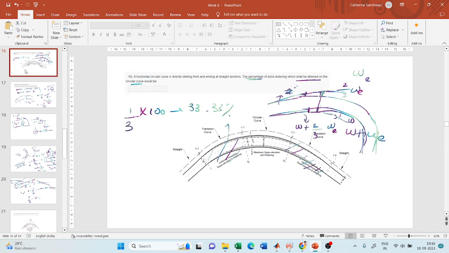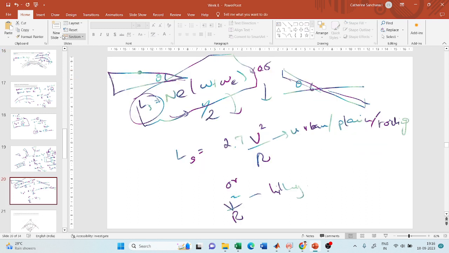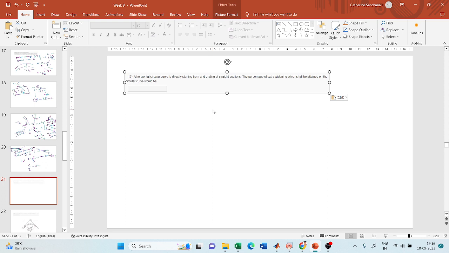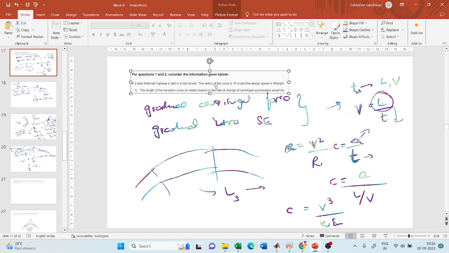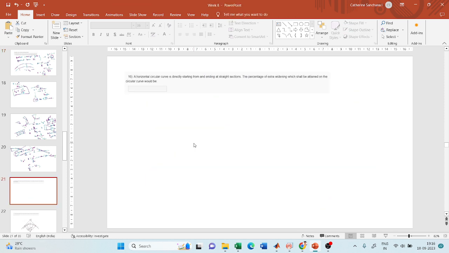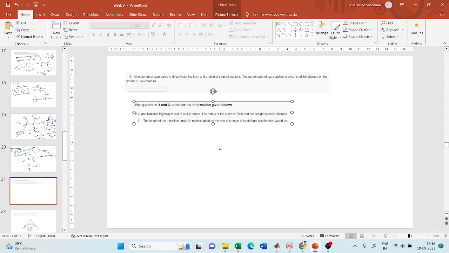Now for this question, they have asked particularly to find out the length of the transition curve based on rate of change of centrifugal acceleration.